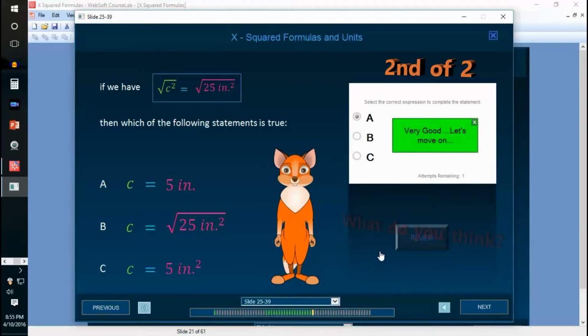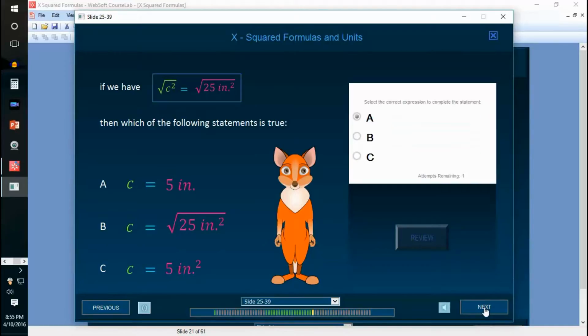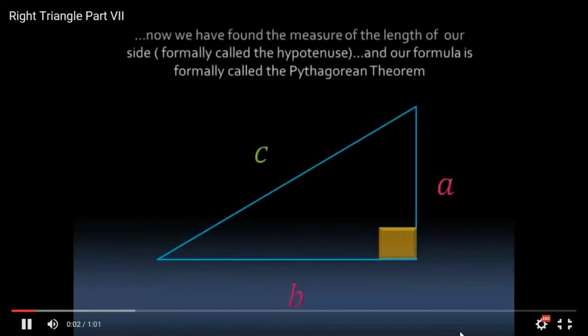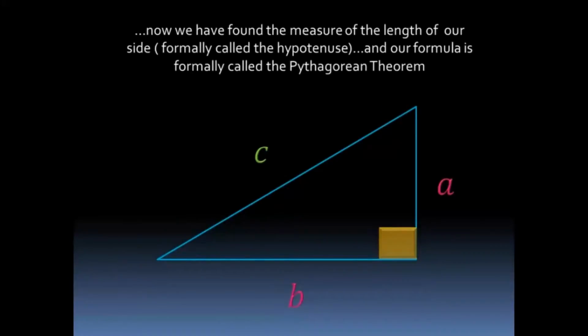Very nice. Answer choice A, c is equal to 5 inches, is our final solution. And we have now found the measure of the length of our side.